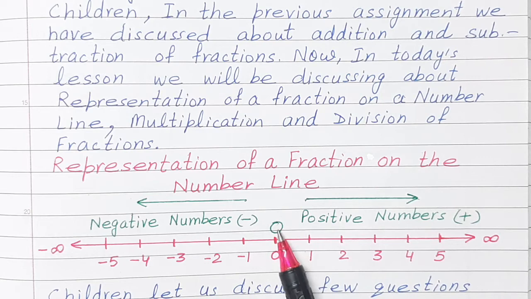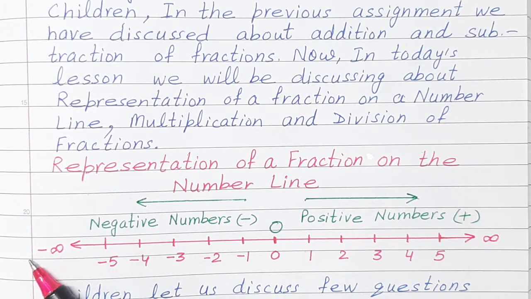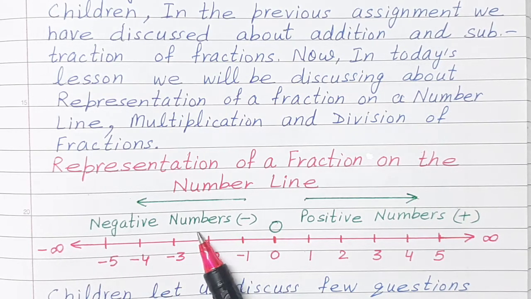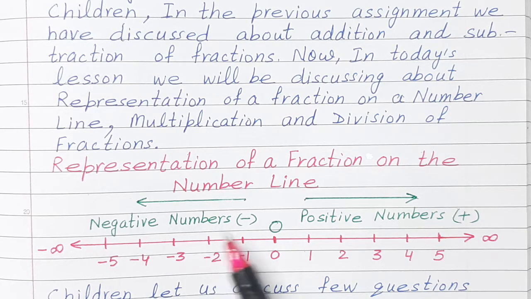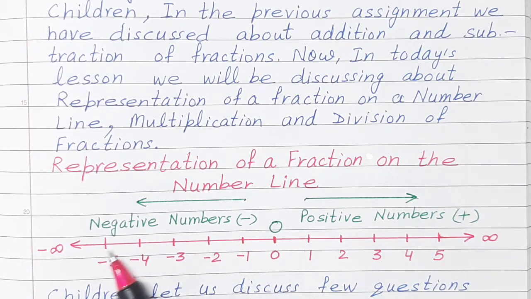And from the midpoint, the numbers towards the left are -1, -2, -3, -4, -5, and it goes till infinity, right? And all these are called negative numbers. I hope you all have understood positive numbers and negative numbers, right?